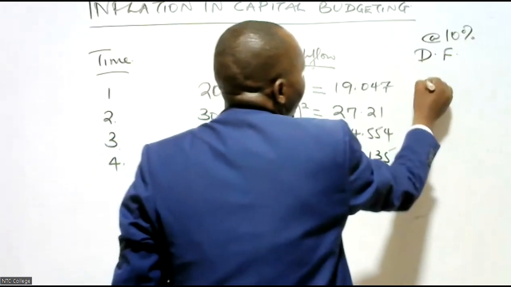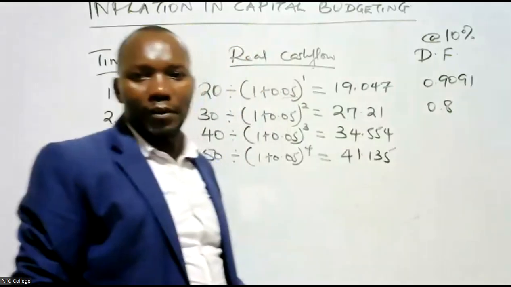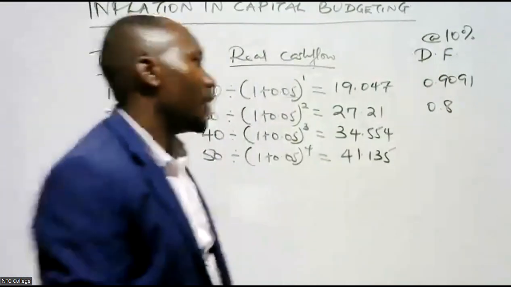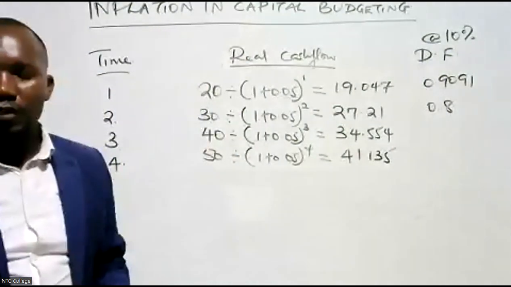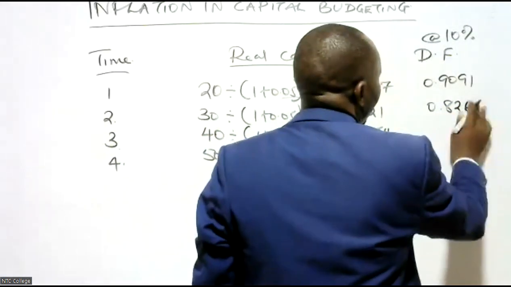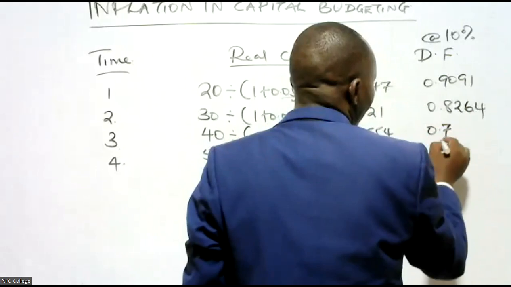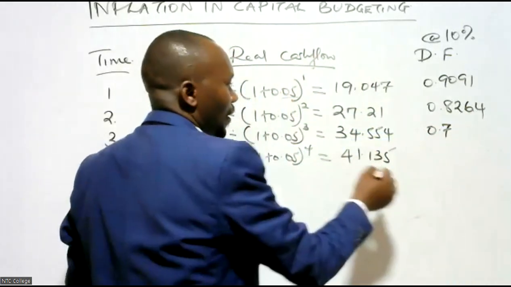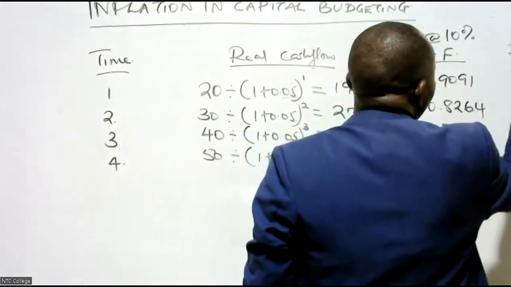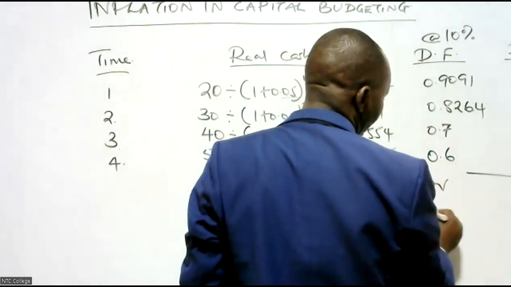You now just need to get here 0.9091, then 0.8264. Then 0.7513, and this is 0.6830. Then you can go ahead and get your PV. And then you get the total there. So you're going to get your present value.